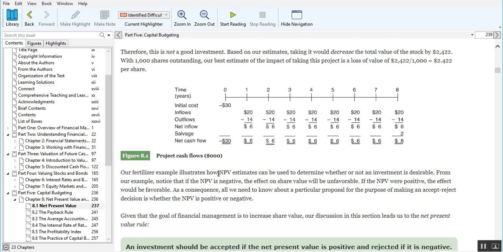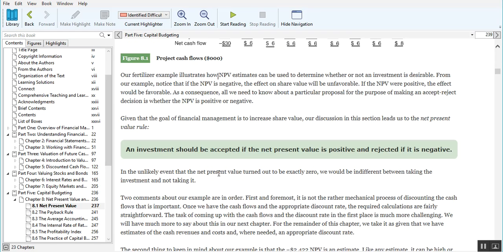Now, when we look at net present value, there's one basic rule that we should come away from it with. We're going to compare the net present value of all of the income compared to the expenses we're going to have. If it's positive, we're going to accept it.